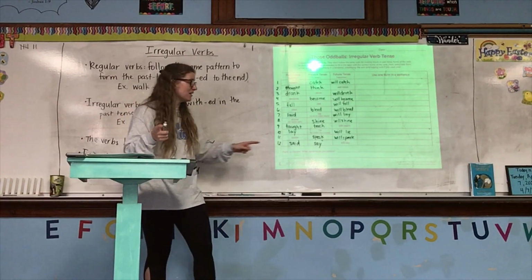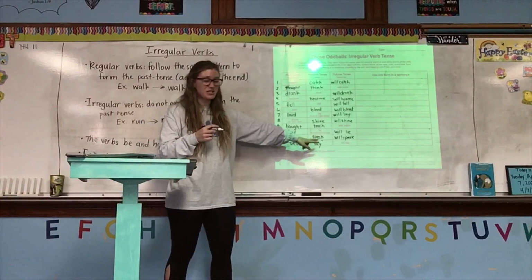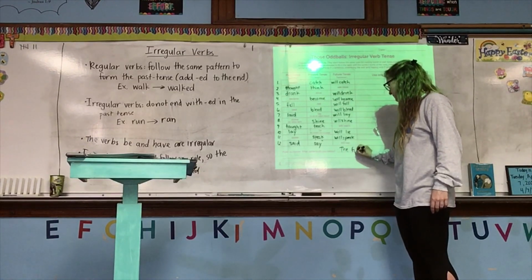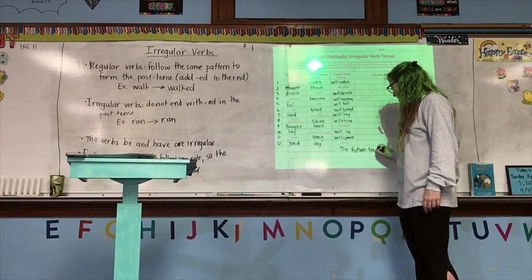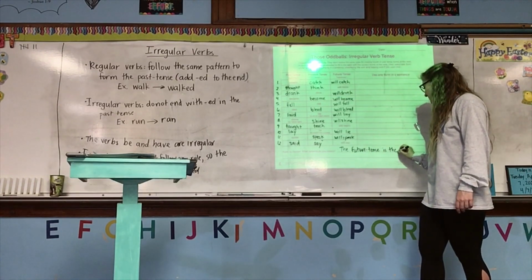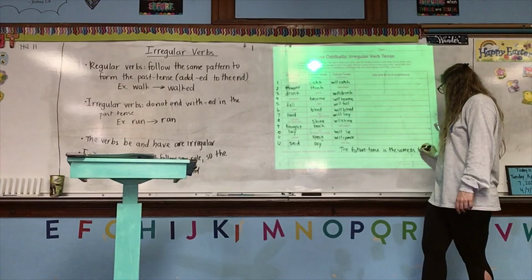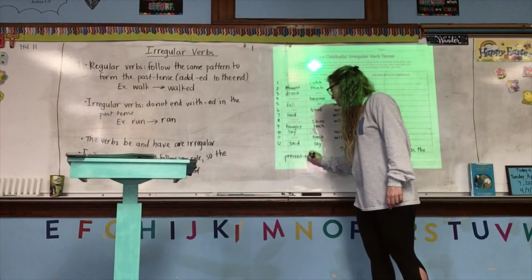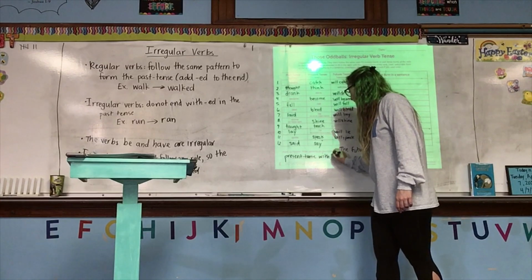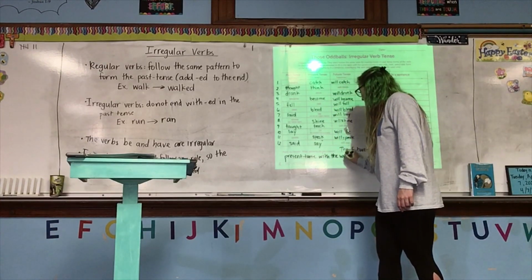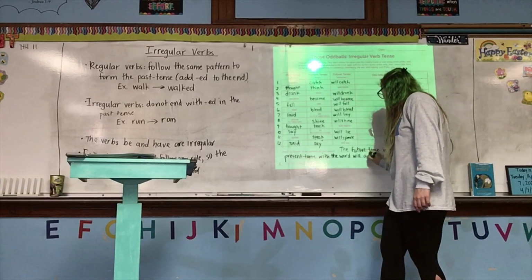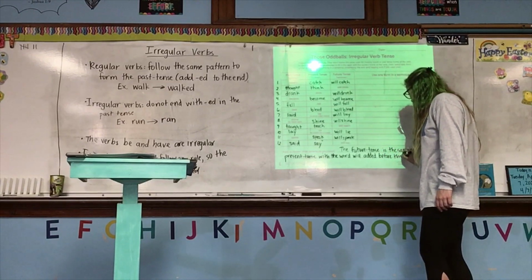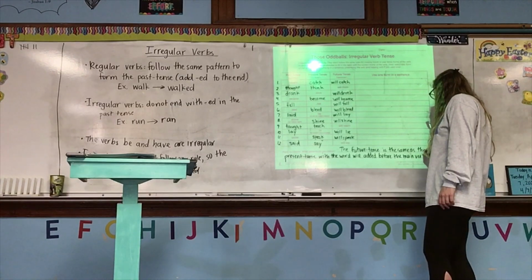But I do notice that in the present tense, the future tense, it's all, so the future tense is the same as the present tense with the word will added before the main verb.